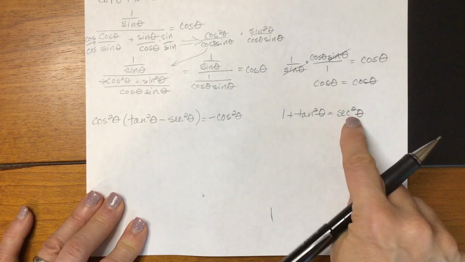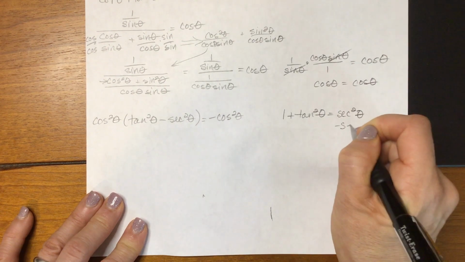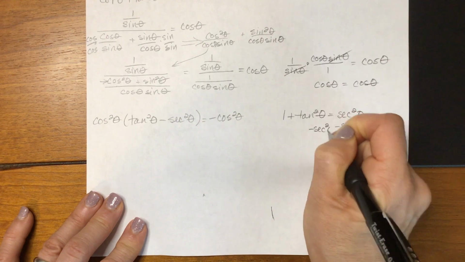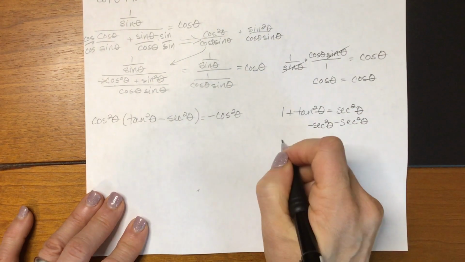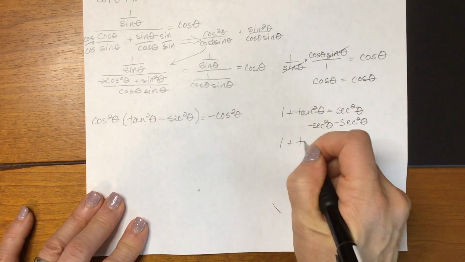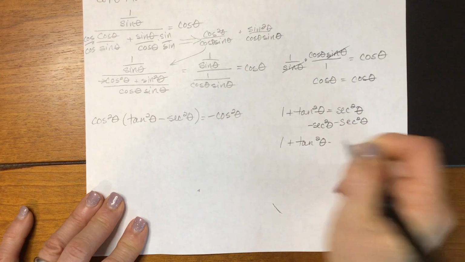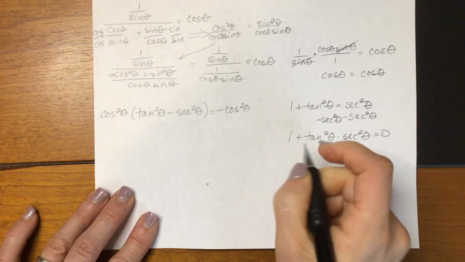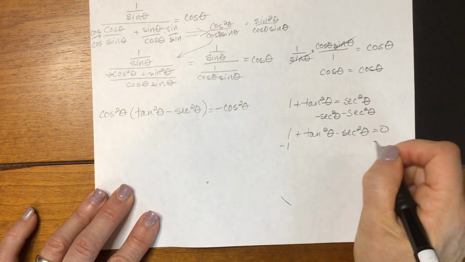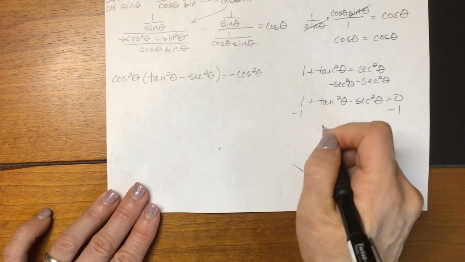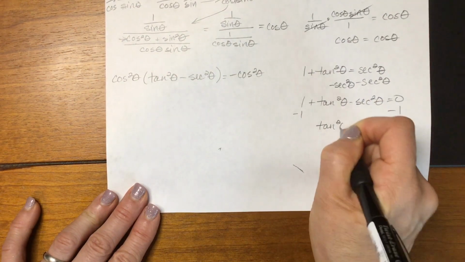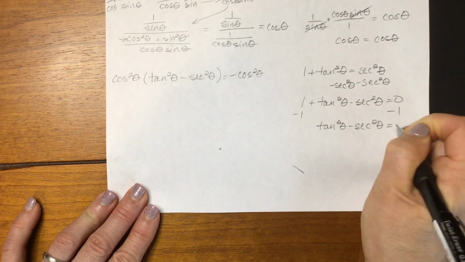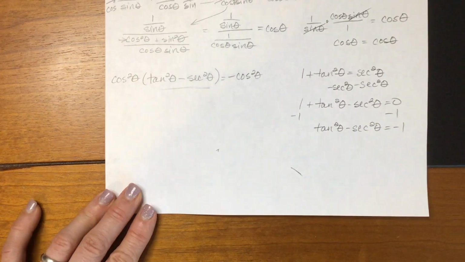And so if I subtract secant here, because I want to get it to look like what that does, I'm going to have 1 plus tangent squared theta minus secant squared theta equals 0. But now I want to subtract that 1. So I'm just manipulating something I know, this Pythagorean identity, to match what I have here.